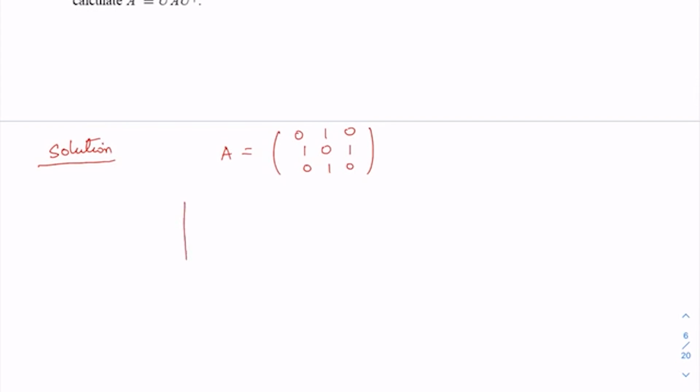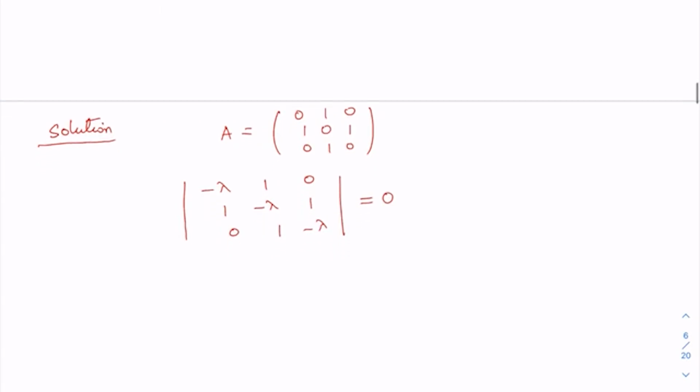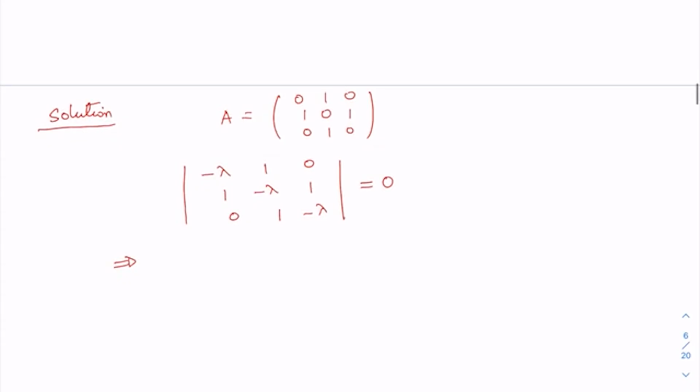You just have to solve this determinant, that is, here it is minus lambda, 1, 0; 1, minus lambda, 1; 0, 1, minus lambda. This is equal to 0, and if we solve it, you will get the equation lambda into lambda squared minus 2 is equal to 0.